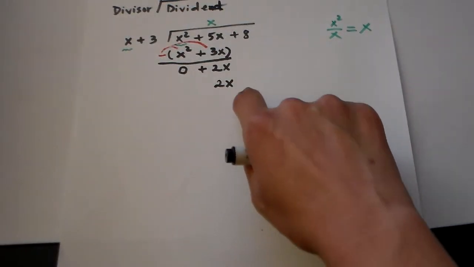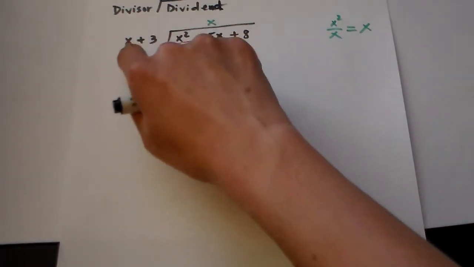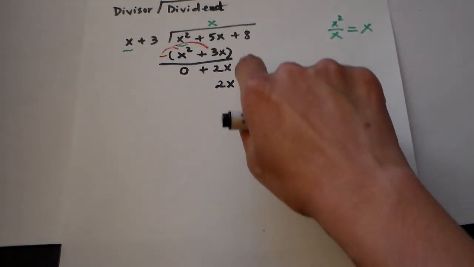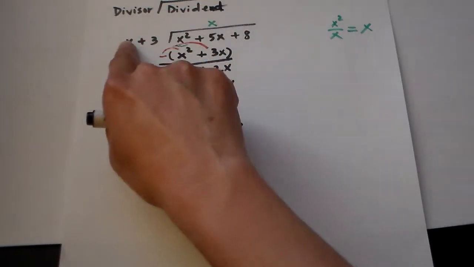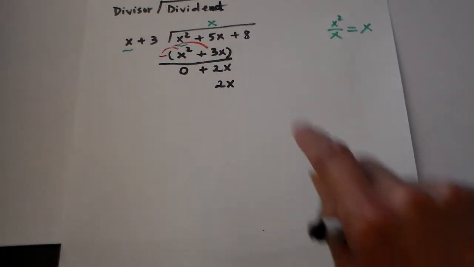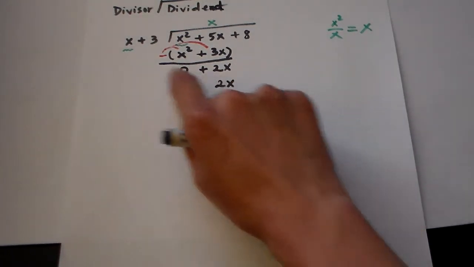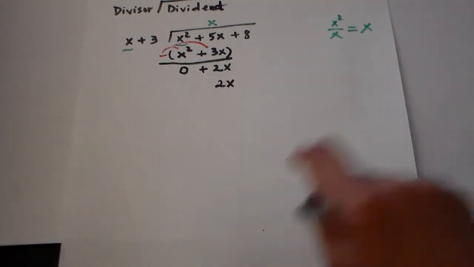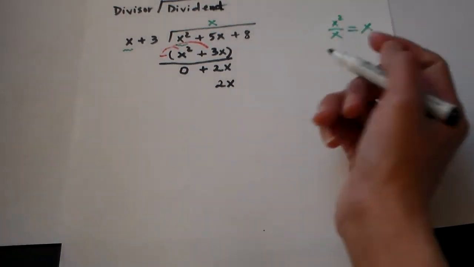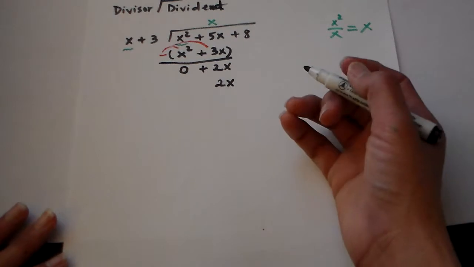So in this case, the power of 2x is 1, and the power of the divisor is also 1. Now you know that 1 on the right is not smaller than 1 on the left, so you're not done yet. You are done when the power on the right is smaller than the power in the divisor. We have to continue.